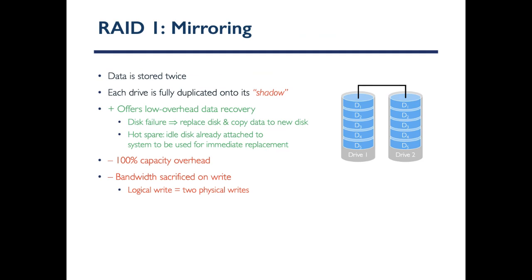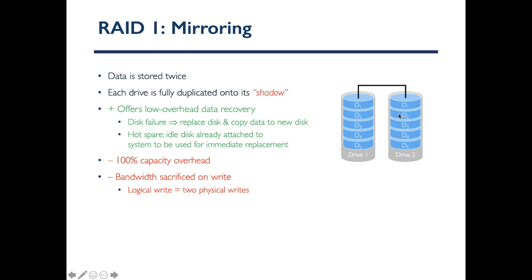Now, the first version of RAID that provides durability is RAID 1, which is basically just simple mirroring. So for each data block, you keep a copy of it in the other disk. So one of the disks becomes a mirror of the other one.